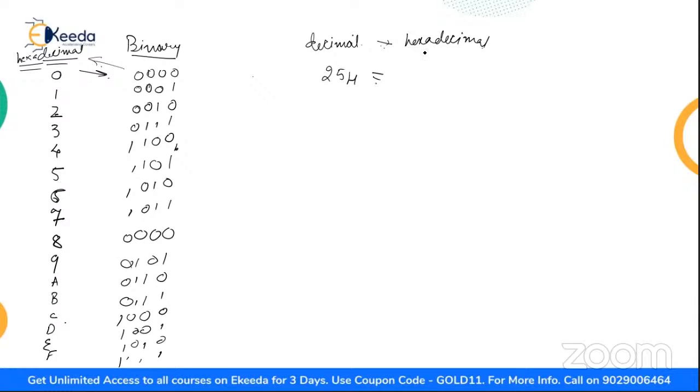It is hexadecimal, so we will convert this into 5 into units place 16 raised to 0 plus 2 into tens place 16 raised to 1. So 2 into 16, that is 32, plus 5. That is 37. Okay. So hexadecimal to decimal, this one.